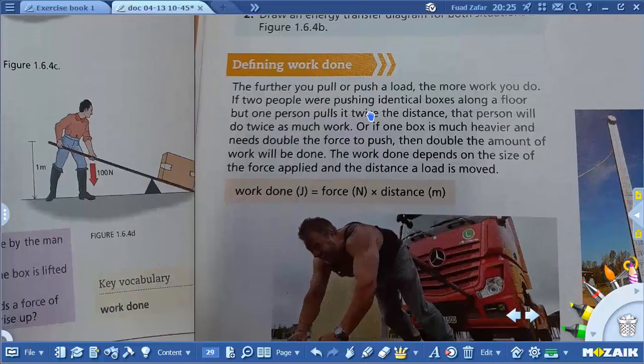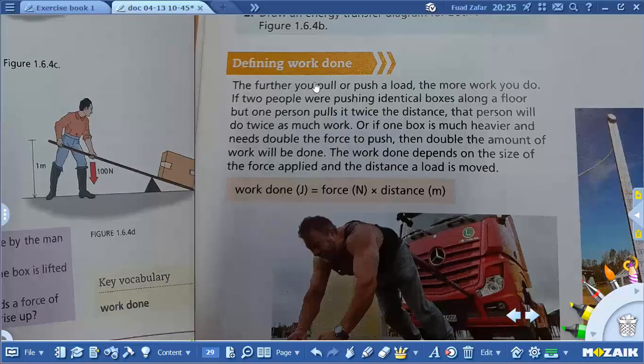Defining work done. The further you pull or push a load, the more work you do. If two people were pushing identical boxes along a floor, but one person pushes it twice the distance, that person will do twice as much work.